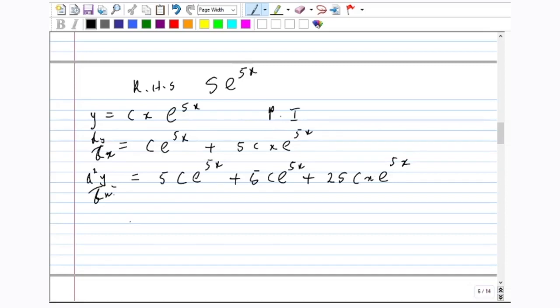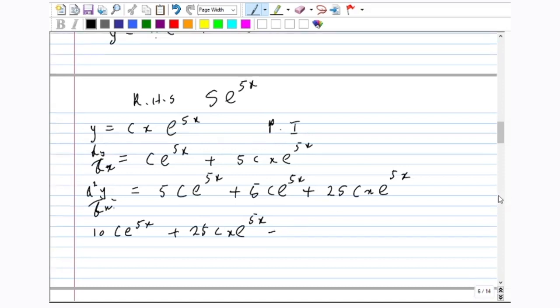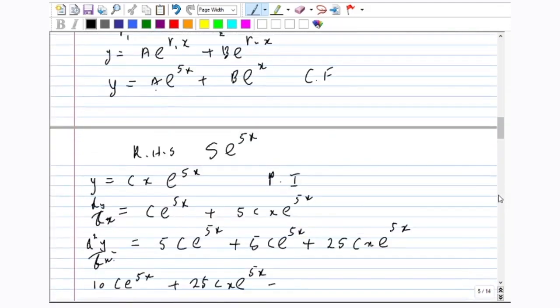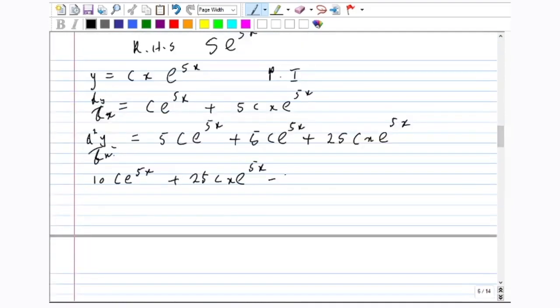Now we need to substitute into the original equation. So we are going to have 10c e to the exponent 5x, plus 25c x e to the exponent 5x. Minus, we had a 6 here. If you go back to the equation that you are given, we have minus 6, so we put minus 6 back as it is. Then we have 6 times dy over dx, but we can substitute dy over dx with (c e to the exponent 5x plus 5c x e to the exponent 5x).